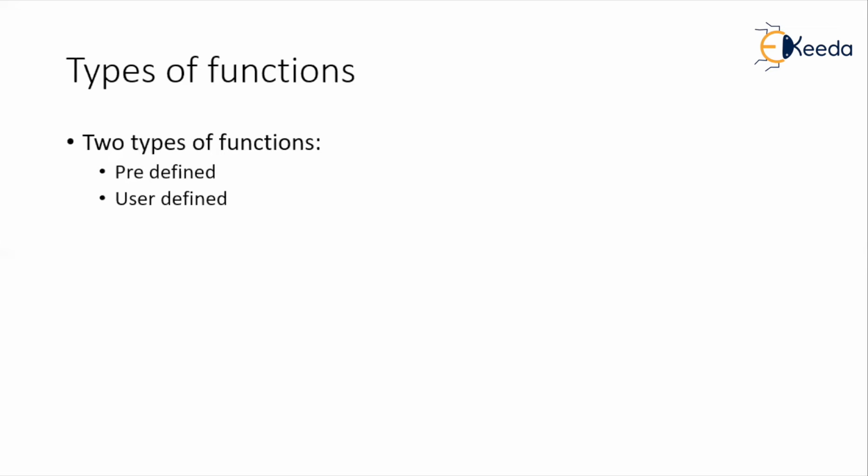In Java, we have predefined set of packages, classes, and in these classes, we have predefined methods. So, whatever is provided by Java to us to use directly in our application, those functions come under the predefined category of functions. And when I create a function as per my need in my application, it is termed as user defined function.